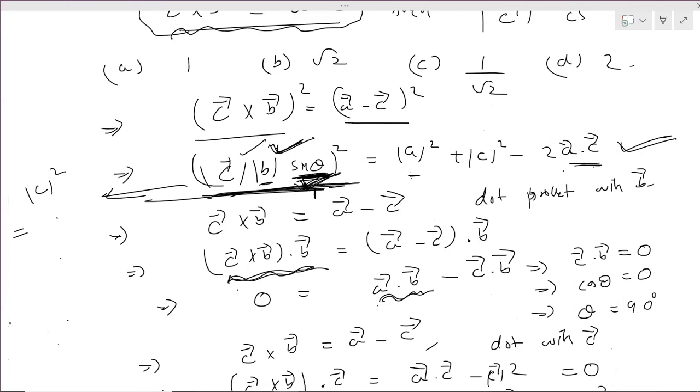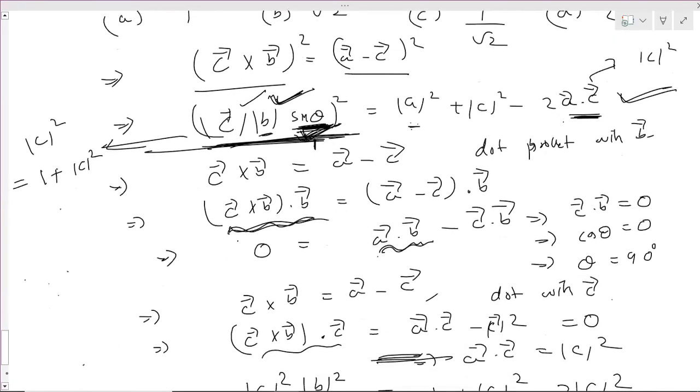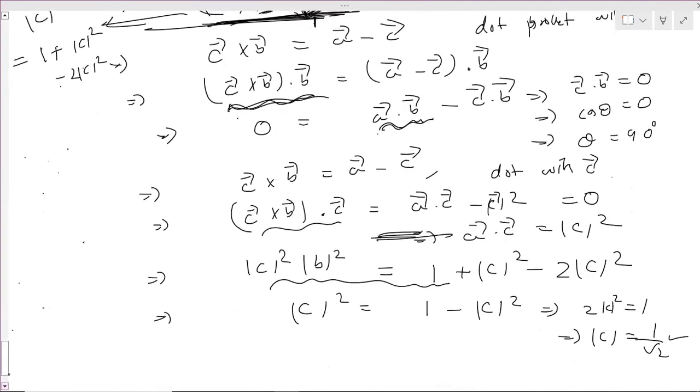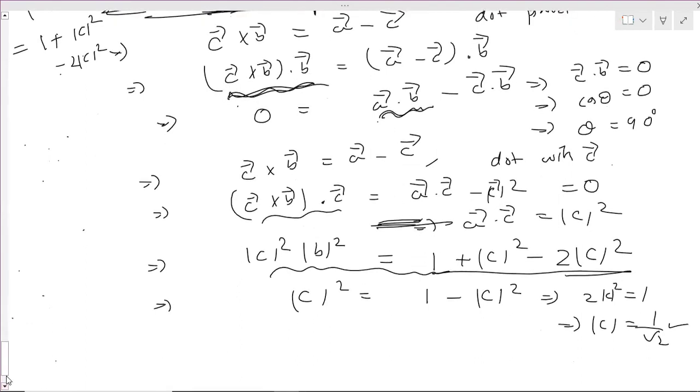And in this side, mod A square is 1 plus mod C square is mod C square minus A dot C we found as mod C square. Yes, sir. So what it is 2 mod C square. So this is the step. All right. Yes, sir. Got it. So simplifying, we got the answer. Okay.